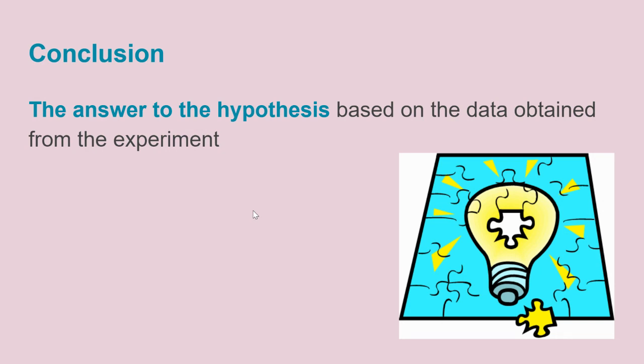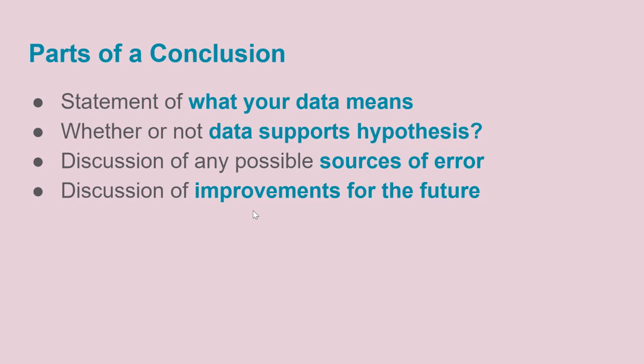Your conclusion is going to be an answer to your hypothesis, whether your hypothesis was supported or not supported by the experimental results. Parts of your conclusion are going to be: what does your data mean? What about your data supports or does not support your hypothesis? And you might have any sources of error that could have impacted your experiment. And you can also discuss improvements for future experimenters.